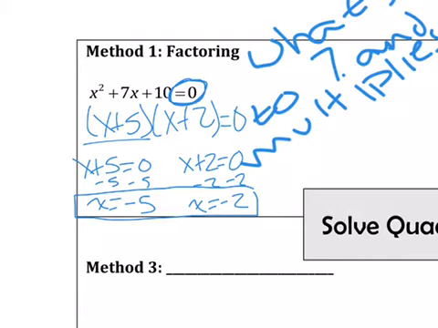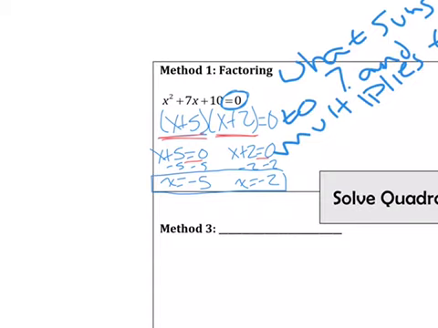That's it. The zero product property is the step that we took in making each of these factors, that first binomial of x plus 5 and the second binomial of x plus 2, equal to 0. That is the zero product property.